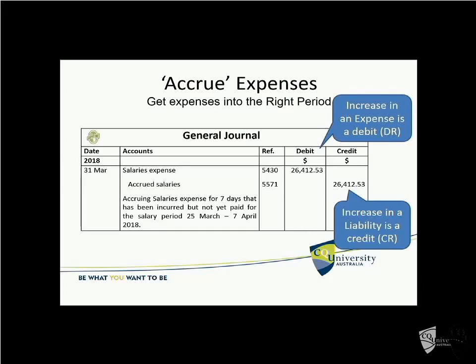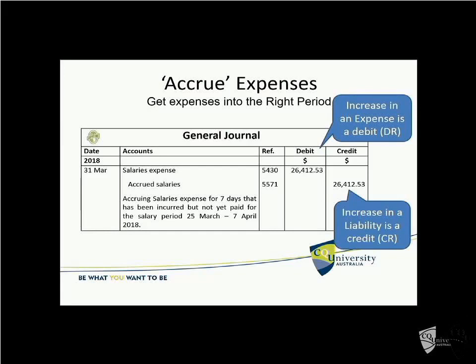And then you'll know we're going to increase the expense, so it's a debit. And we're going to increase the liability, and it's a liability because a liability is an obligation today to forego some economic benefit in the future, which is cash. We're going to have to pay for those 7 days of salary in a week's time.